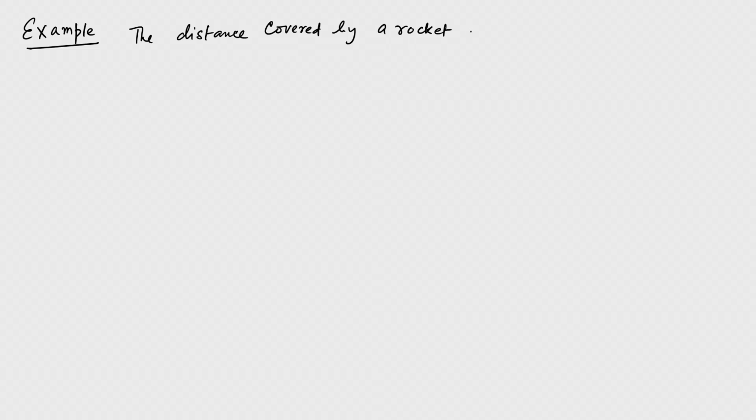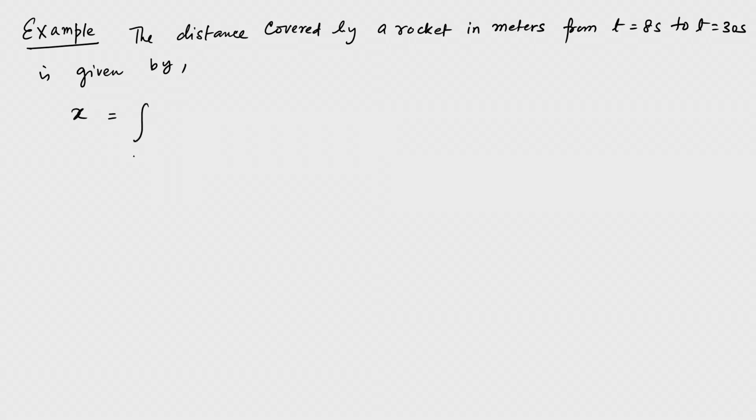The distance covered by a rocket in meters from t equal to 8 seconds to t equal to 30 seconds is given by x, which is the integral, not 0 to 30, it is between 8 and 30.